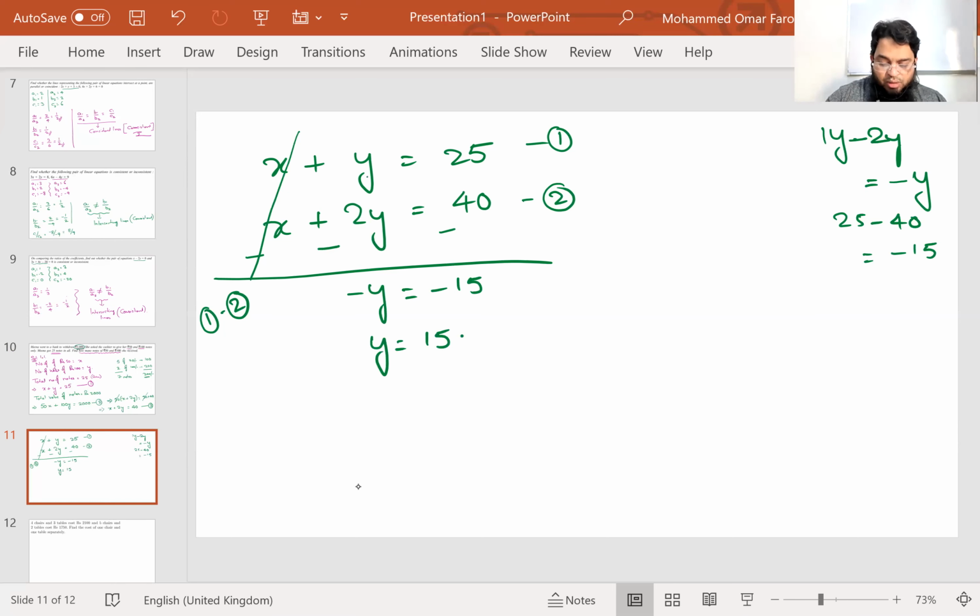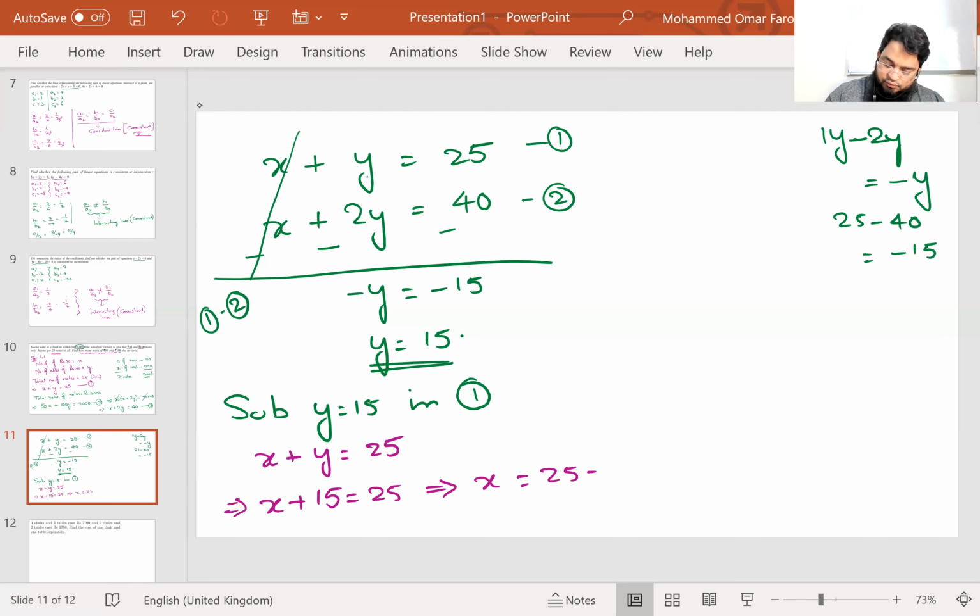Once you get y is equal to 15, substitute it in any equation. I will take the first one. x plus y equals 25, so x plus 15 equals 25, so x is equal to 25 minus 15, which is 10.